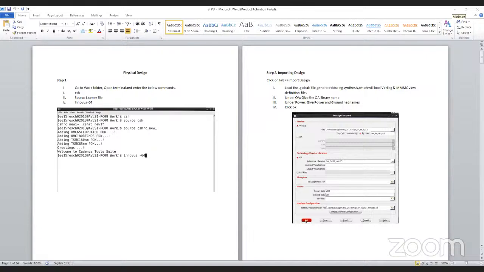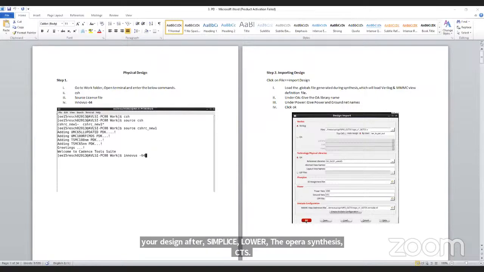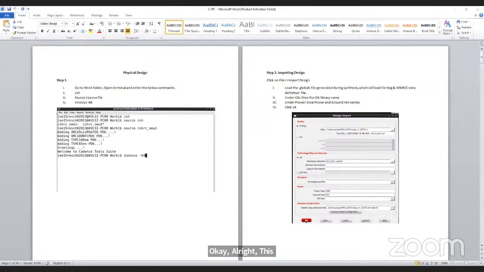RTL design, RTL verification, synthesis, floor plan, placement, clock tree synthesis, routing, sign off checks, and chip design. This is our physical design flow, or ASIC digital design flow. Yes, exactly, Gupta. We declare the die area and core area of the chip.